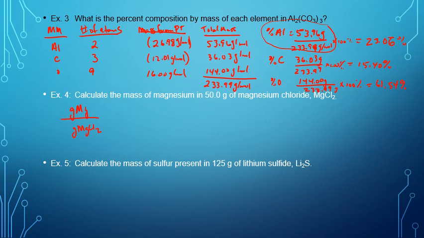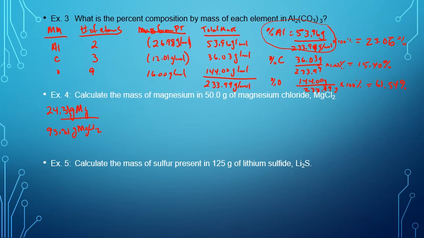So if I look at the mass of magnesium off the periodic table, I'd see 24.31. And then for the magnesium chloride, I'd have 24.31 plus the 70.9, or 2 times 35.45. And when I would do that, I would get 95.21 grams.